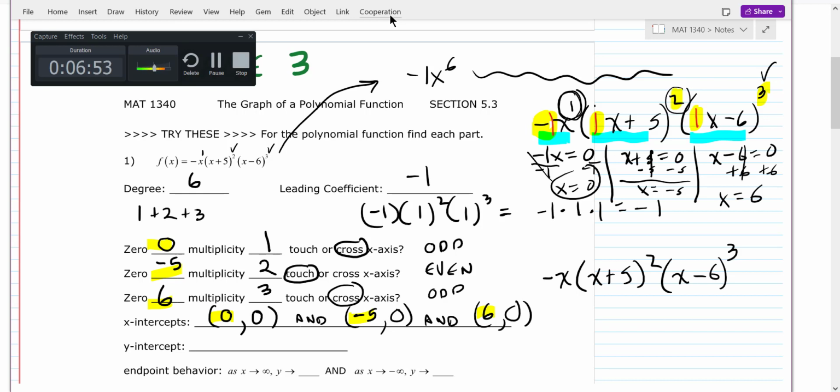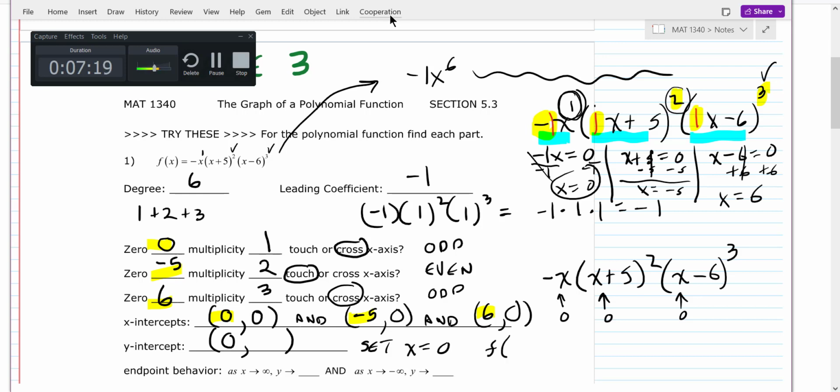Now, when you do a y-intercept, you always set x equal to 0, so that the x value will be 0 automatically. You've got to find y. So what we do is everywhere we see an x in the original equation, we just plug in 0. And a lot of times, you can do this in your head.